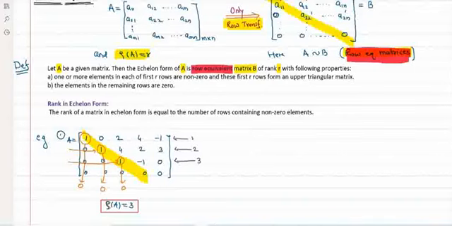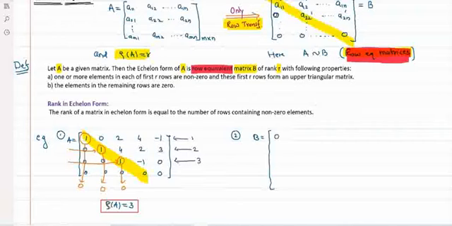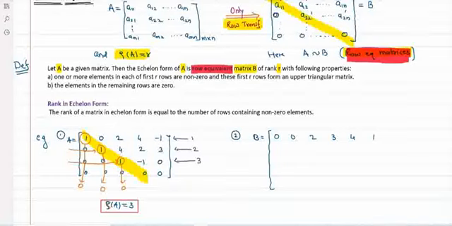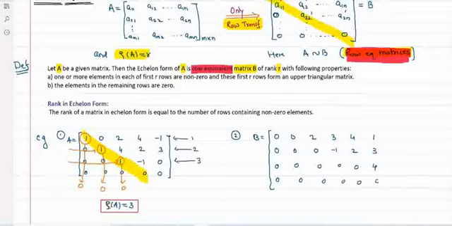Similarly, for the second example, I will write a matrix B. Directly I will give the elements like this. 0, 0, 2, 3, 4, 1, then 0, 0, 0, minus 1, 2, 3, then 0, 0, 0, 0, 4, 0, then 0, 0, 0, 0, 0, 0.